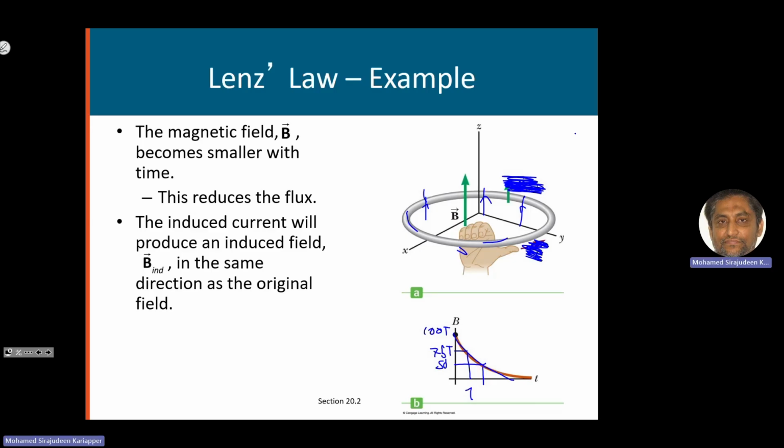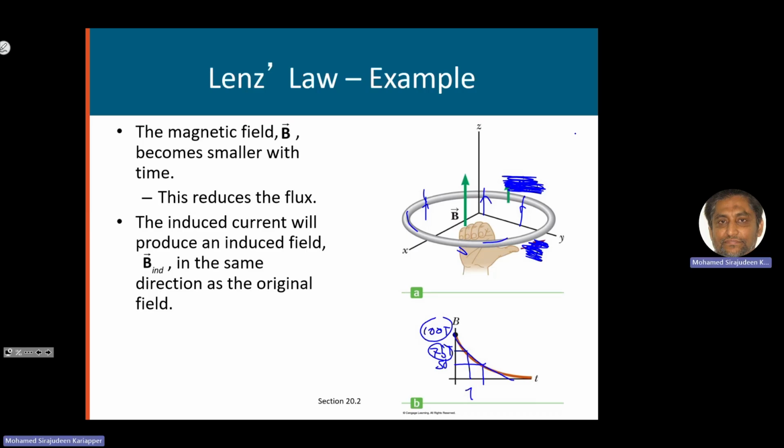The Lenz law says the induced current will flow in such a direction that it will oppose the change in the original flux. The original flux is what the applied magnetic field gives. So what has happened to the original flux? 100 Tesla became 75 Tesla.